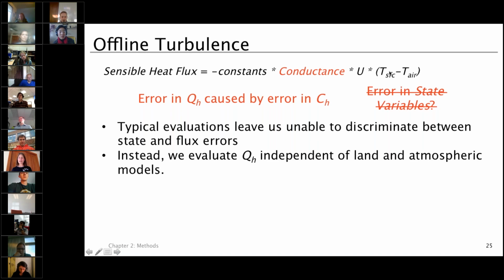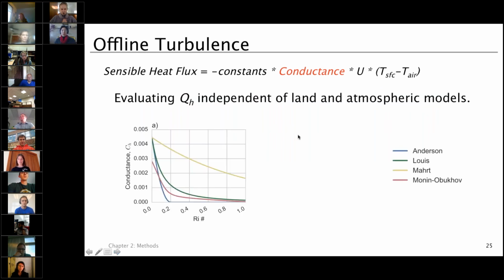So the goal here is that Carl directly measured surface temperature, directly measured air temperature, and also directly measured the wind. So now he said, okay, any errors we're getting in our model in terms of sensible heat flux should be caused by errors in this conductance term we're putting in here. So how well can we do that?